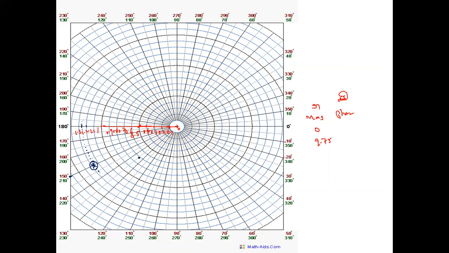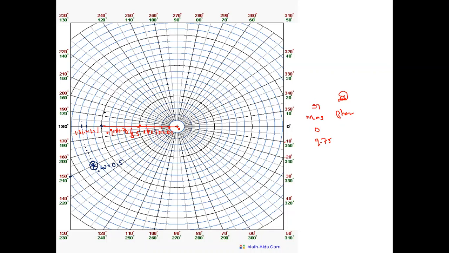Sir, for 0.57, magnitude 1. What is the omega value? 0.5, sir. Okay, right. Then for omega 0.57, magnitude 1. Magnitude 1 means this is the circle. Yes.